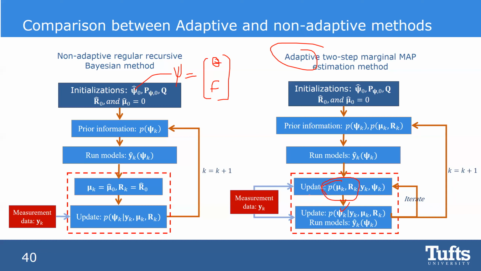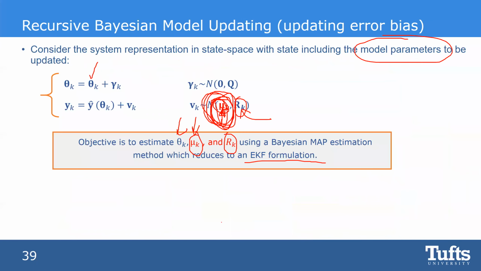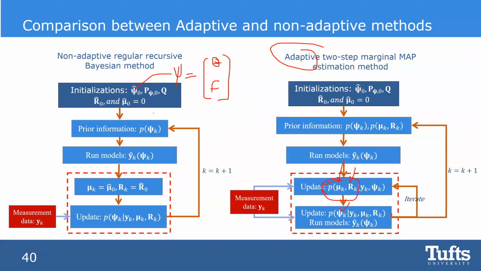It needs a few more iterations, so it's more time consuming, but we want to estimate the mean and covariance of our error. This includes not only measurement noise, but also modeling error. Measurement noise may be very small, but the modeling errors are chunked here. I want to quantify that.